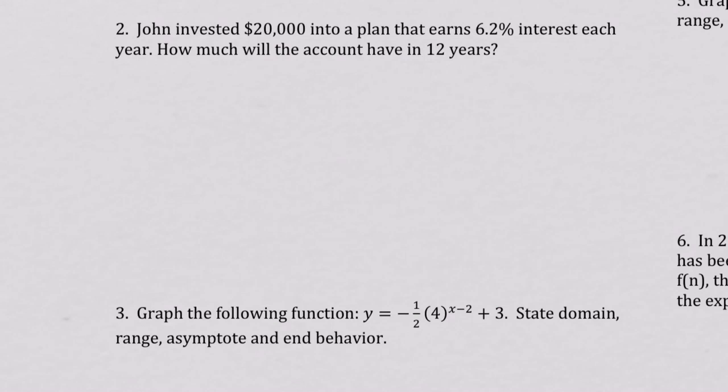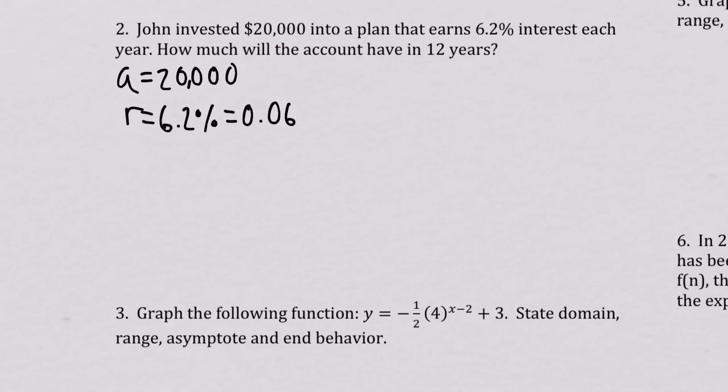Number 2, John invested 20,000 into a plan right away. I can see that A is 20,000. That's how much he invested. A or P, that's the principal, right? That earns 6.2% interest, that's R, 6.2%, which means 0.062, right, in decimal form.